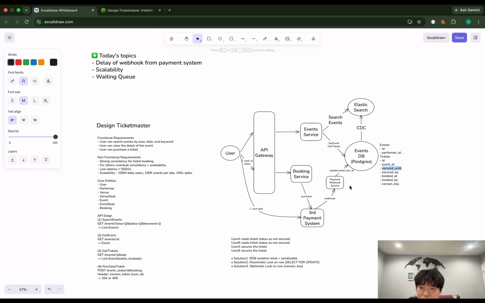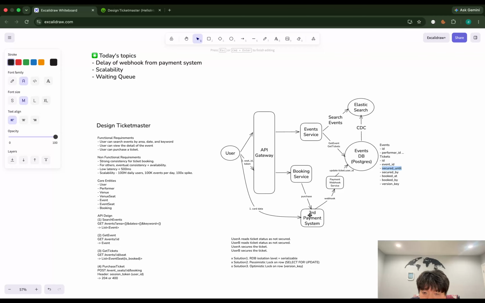So what can I do? Okay, I see. We set secure until to be 10 minutes and 10 seconds later from when the seat is secured.